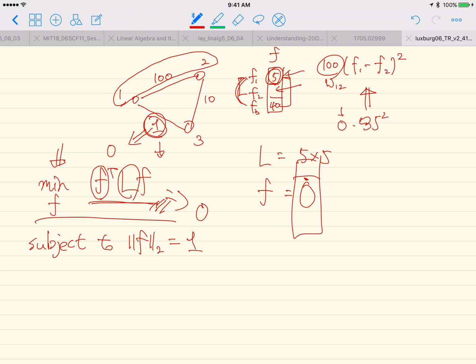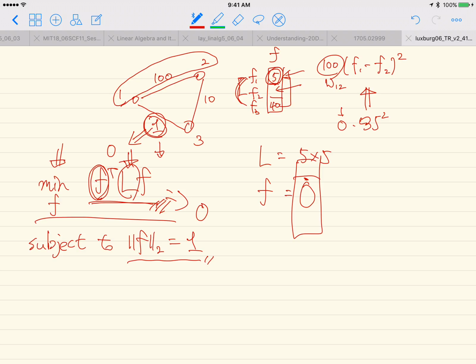We consider only the unit vector, which has a length of 1. That way we avoid the trivial case of making it 0 and so on. By having this constraint, our focus is now to find the optimal angle of this vector f. You guys understand why we care mainly about the angle in this problem.